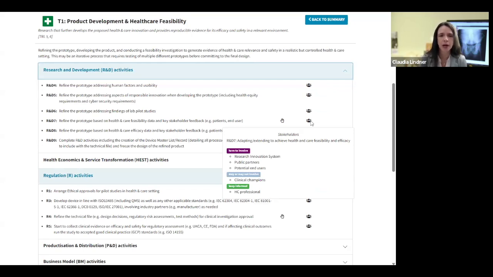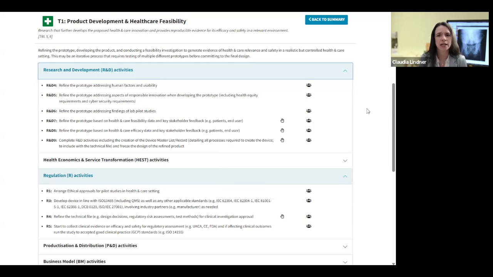We have stakeholders where you may or may not involve them, and that very much depends on the type of technology that you might be developing. And then we also have a third category, the stakeholders that you don't actively have to involve, but you would want to keep them informed about what you're doing at this particular stage.